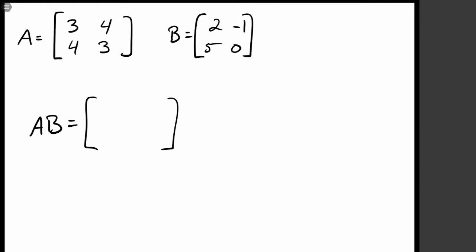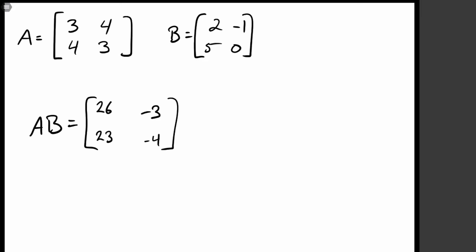All right, so let's start by multiplying these two matrices, A and B here. So this is going to be 6 plus 20, so that's 26. Let's see, this one will be negative 3. Down here we got 8 plus 15, that's 23. And down here we get negative 4. Okay.